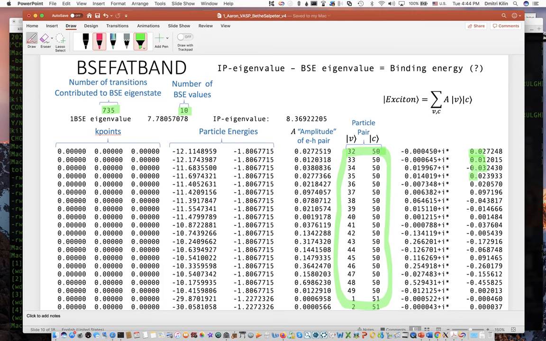So it's the relative contribution of each orbital pair to the selected excitation. And the pair close to the band gap has larger contribution.